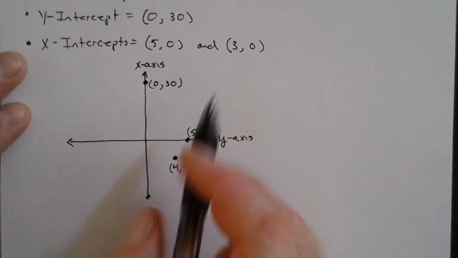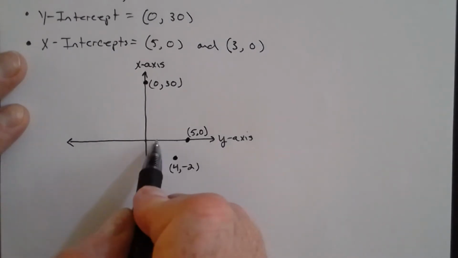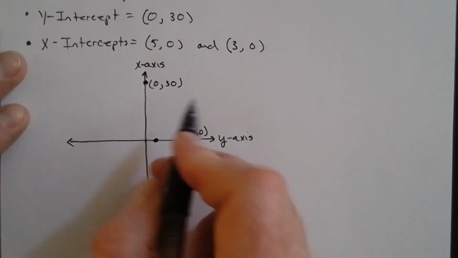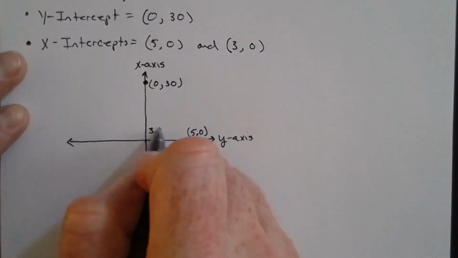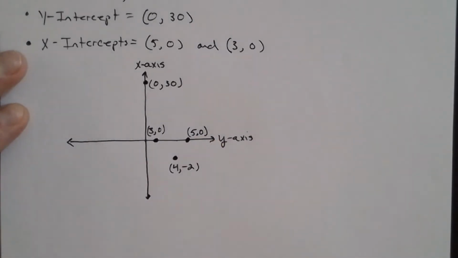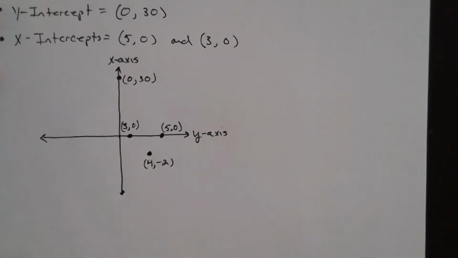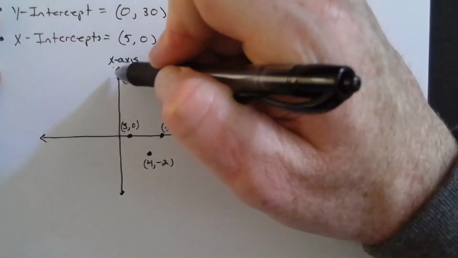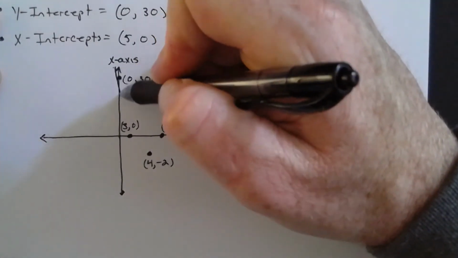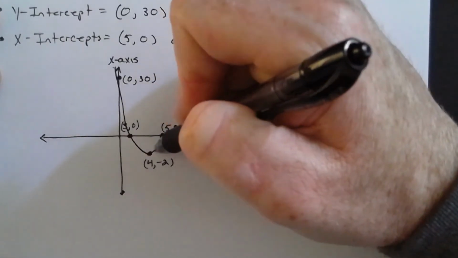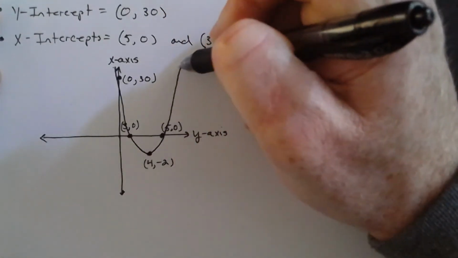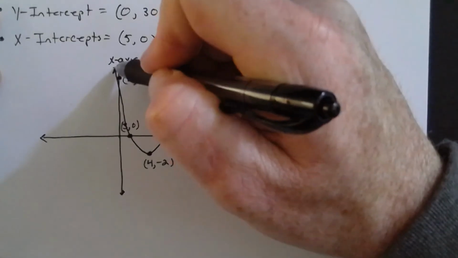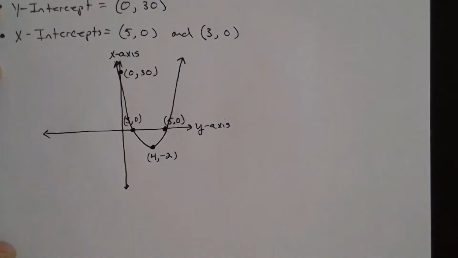And 3 and 0 must be just to the left. And so now we should be able to construct our parabola.